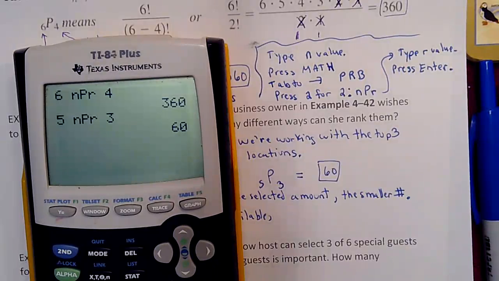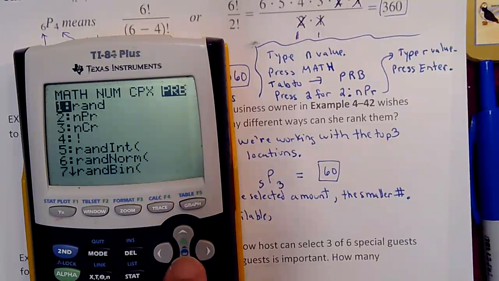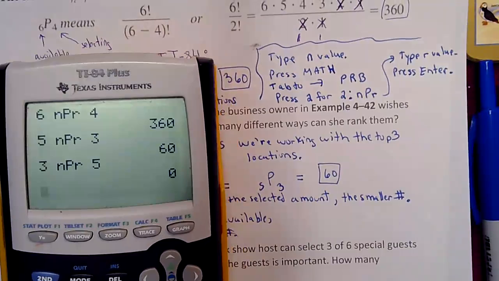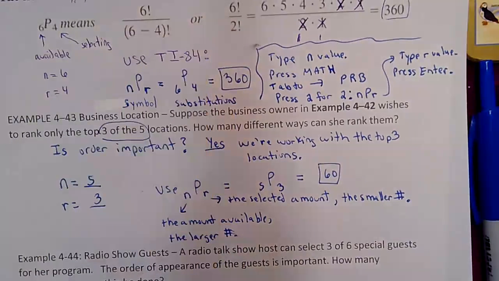So if I type 3, then math, probability, number 2, and I type 5, notice how that gives you a 0. That can't be right, so it gives you a heads up on that.